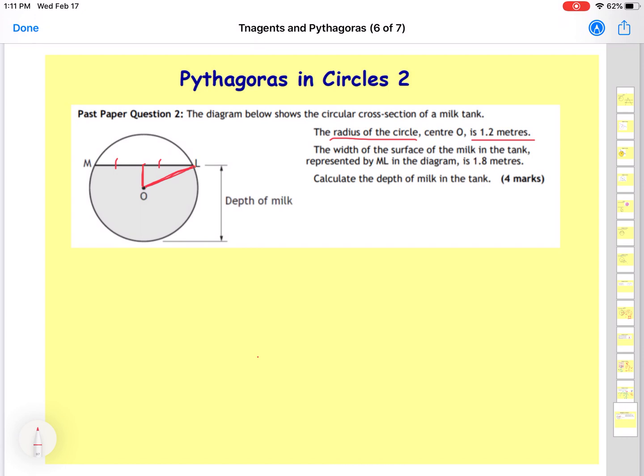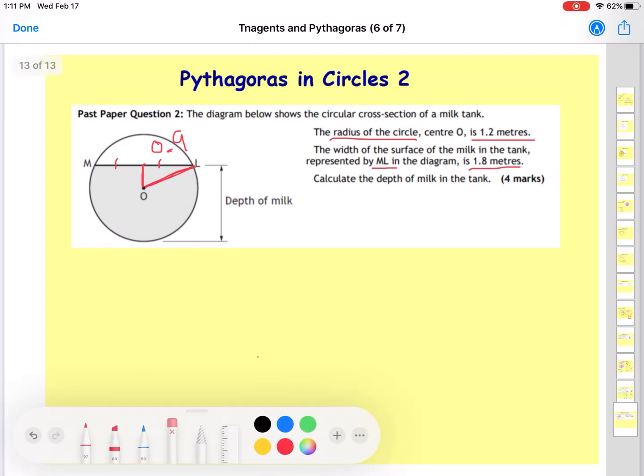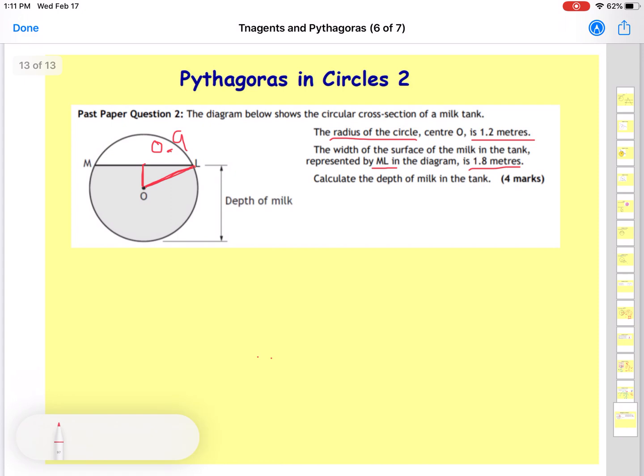Okay, so for the next piece of information, ML, the full chord, is 1.8 metres. Therefore, one side of the chord has to be half of that, which is 0.9, since the two sides have to be the same size. Now, if I mark on the radius length as well, that's 1.2 metres.